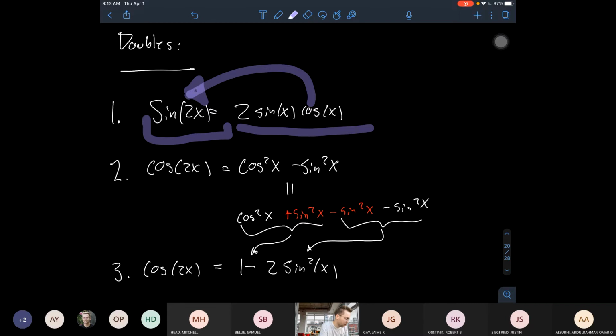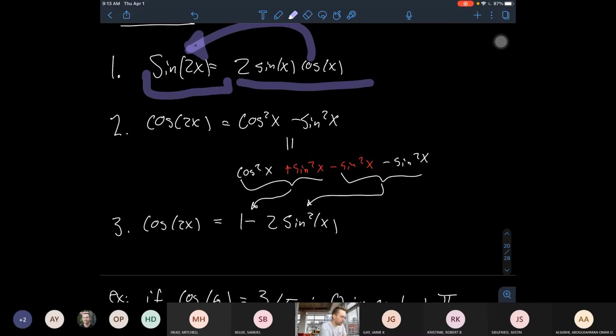Or especially if we have something like 1 minus 2 sine squared x, it's definitely way easier to work with something like cosine 2x than it is to work with a squared trigonometric function. Okay, so products of trig functions are really not very friendly to calculus. So we like being able to use these formulas to take those pesky products of trigonometric functions and express them as a single trig function.